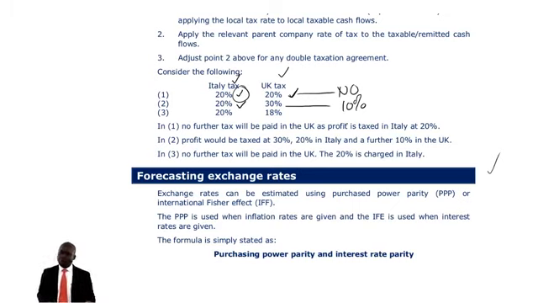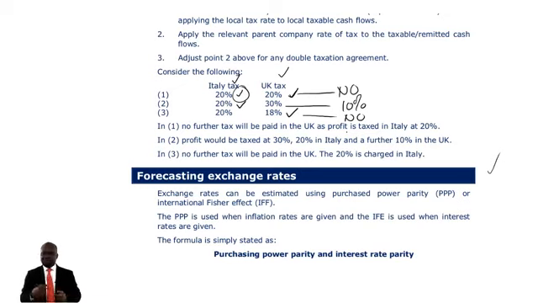Then the last one: 20% in Italy, but in the UK it is 18%. When you come to the UK, because it's less than the Italian rate and you've paid the 20%, here you don't pay any tax. The taxman will not give you the 2% back, because the principle is you have to pay the highest rate. So if I've paid the highest rate in Italy, when I come to my country and my country's rate is lower, I don't pay anything.